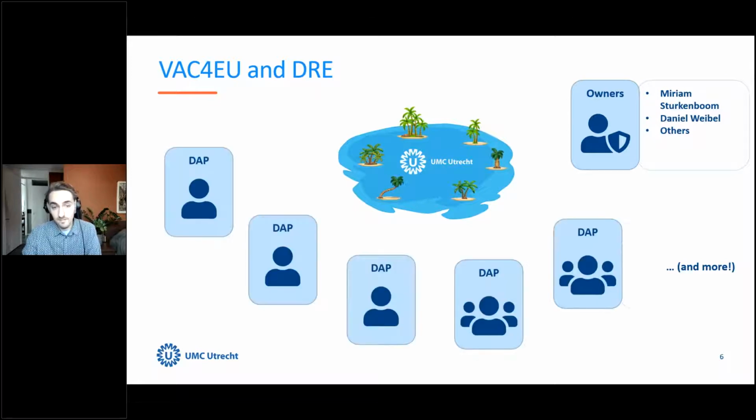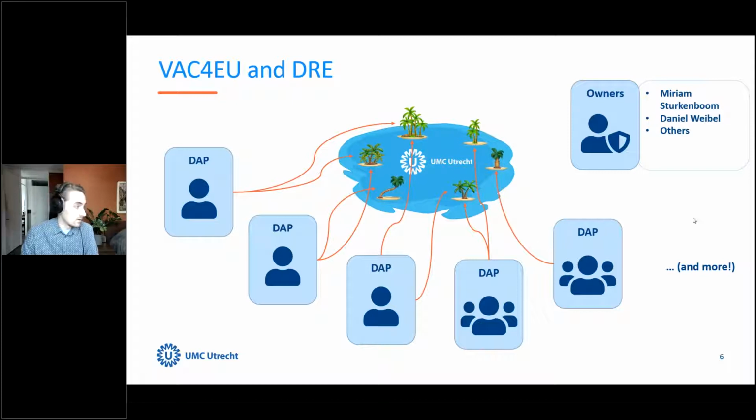And then we have the DAPs, so the data access providers, mostly. And each of these data access providers, they are added to the workspaces by our owners, by Miriam and Daniel, and sometimes by others, and then only to the workspaces that they need access to. So here you can see that one of the DAPs is part of these 2 workspaces, but not part of the other workspaces.